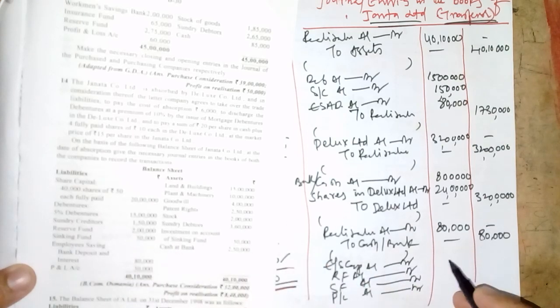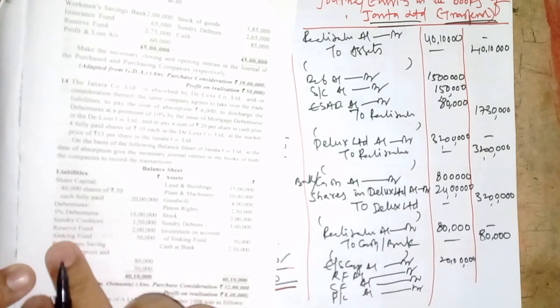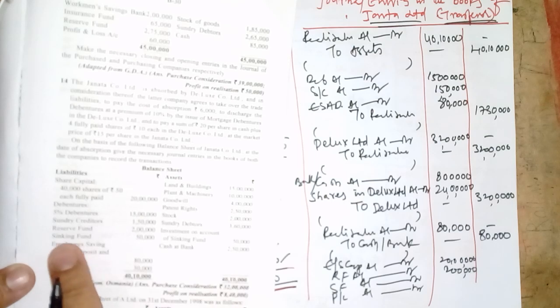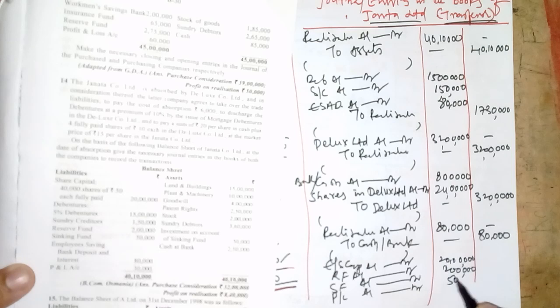So share capital is 20 lakhs, right? Then reserve fund is 2 lakhs. Then sinking fund is 50,000 and P&L 30,000. Consolidated it will go to which account?